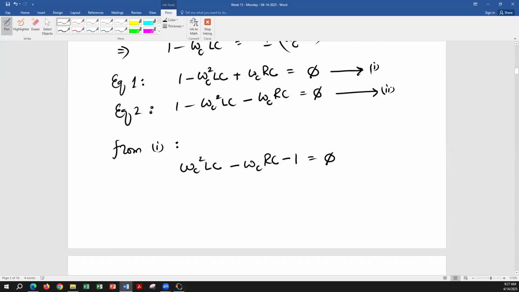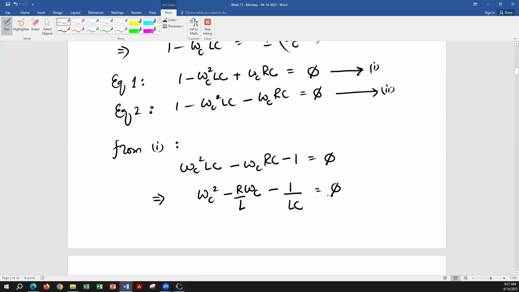And then we are going to divide the equation by LC so that omega c square has a coefficient of 1. So omega c square minus omega c divided by LC, C and C will cancel each other. So I'm going to have R over L minus 1 over LC equals 0.